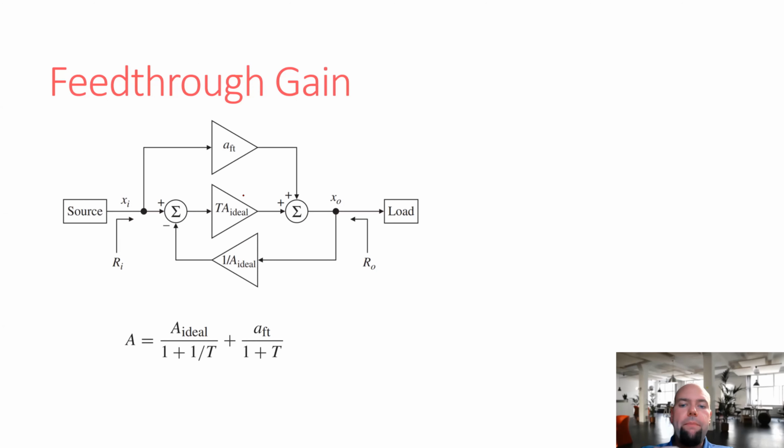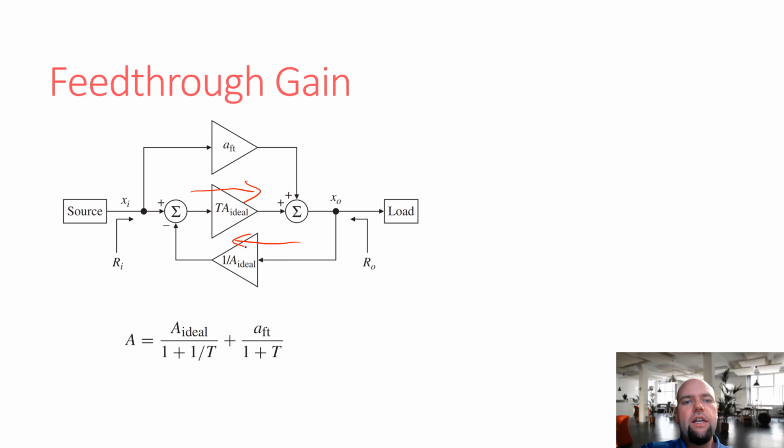Okay, now we're going to pivot to a really big concept, and that's the concept of feed-through gain. So far, the analysis we've done is called two-port analysis, which looks at networks as a forward gain and a feedback gain. That's not actually a full description of these systems, though.